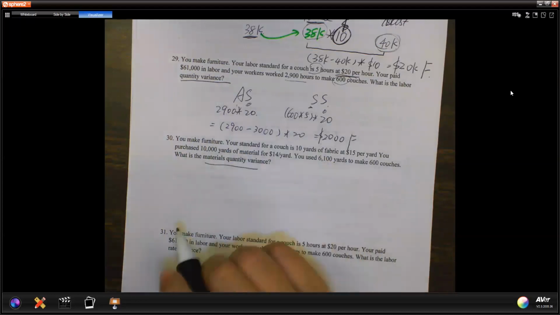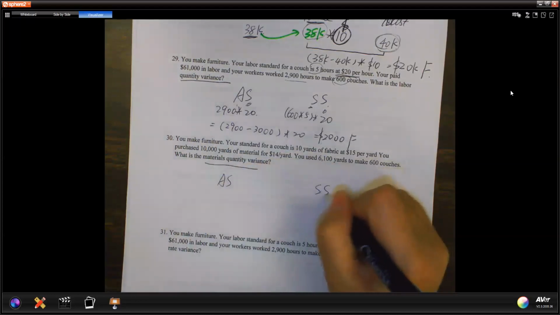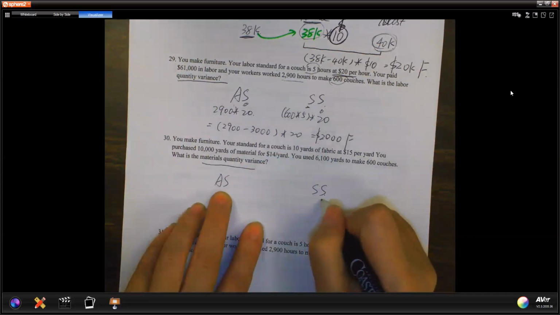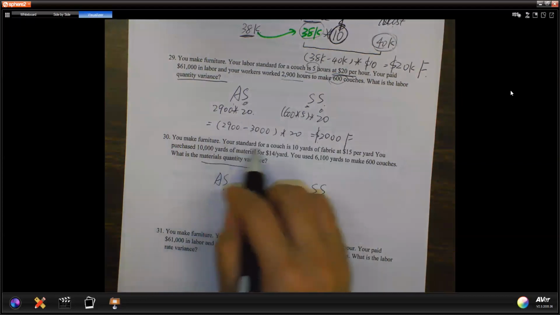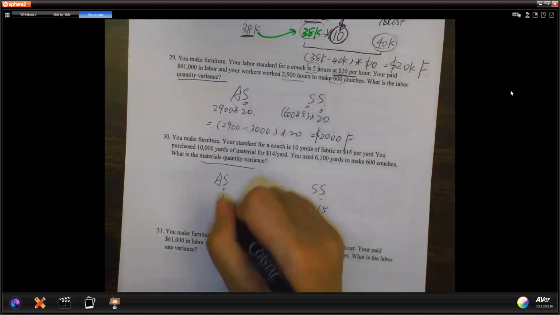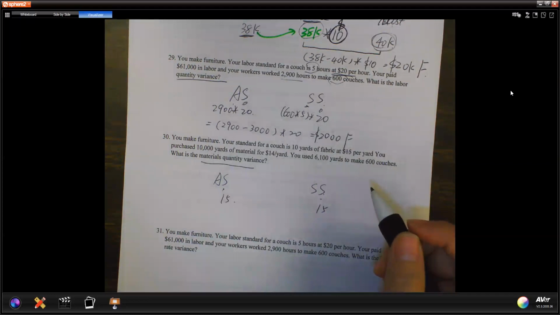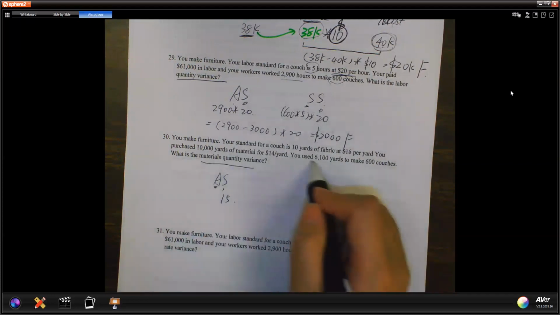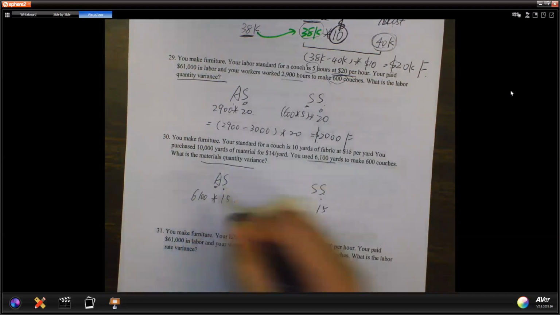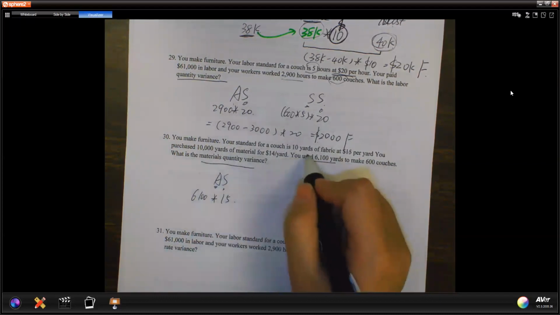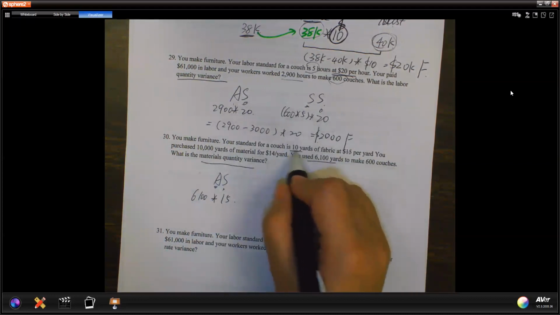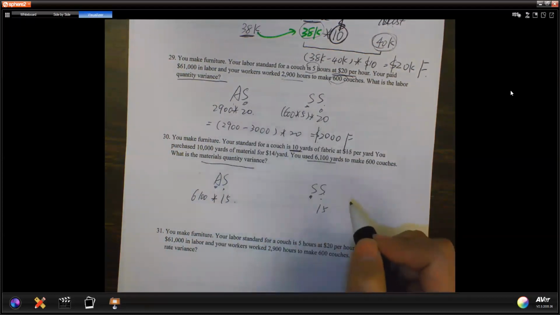Next one, material quantity, AS and SS. So the standard price is $15 each yard, and your actual is you used 6,100 yards. Your standard is you are thinking about 10 yards for one unit.